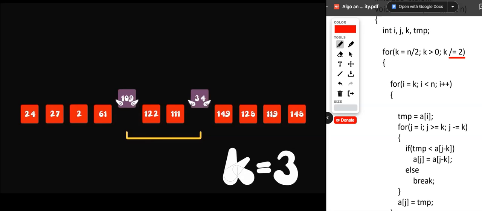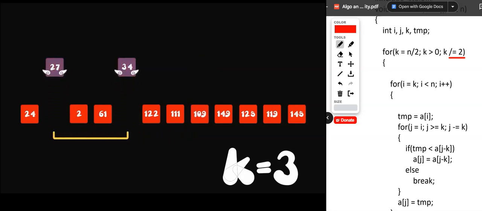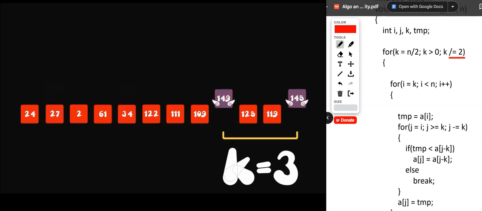Again, same operation, but in the left side we are moving. And if swapping happens, then only we move forward. Otherwise, we stop execution. Swapping takes place, so we again move and no further swapping is there.